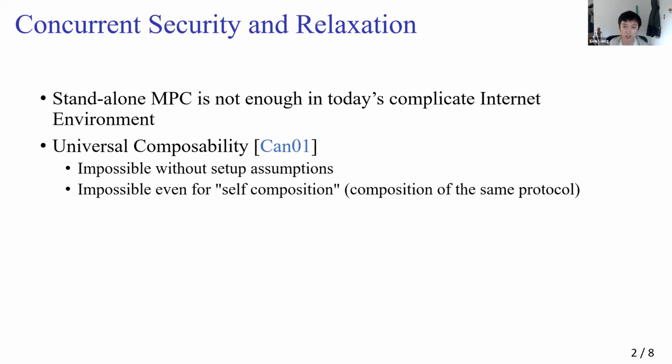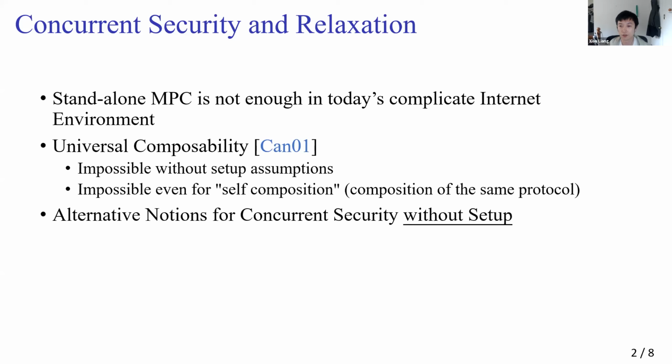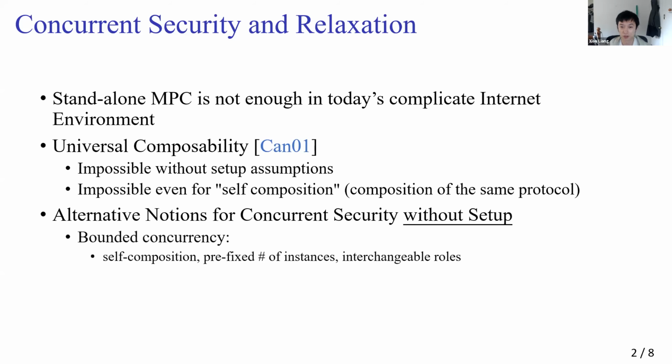So people started seeking alternative notions for concurrent security without setup. For example, one notion is bounded concurrent security, which means a fixed set of parties executing the same protocol, but with a prefixed number of instances. In different instances of the same protocol, the same party may play a different role.